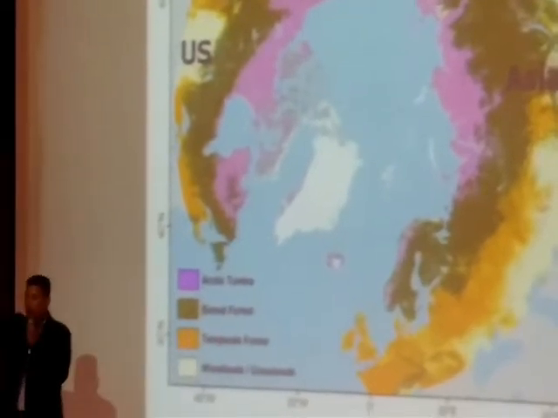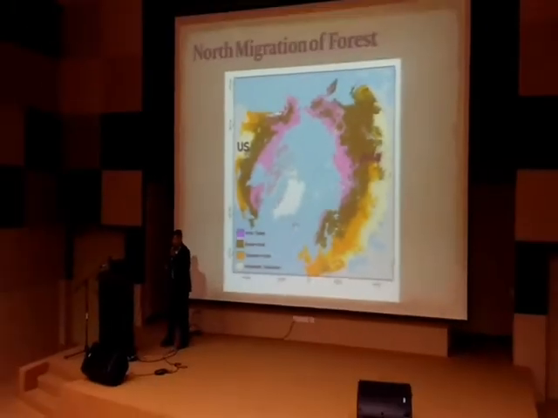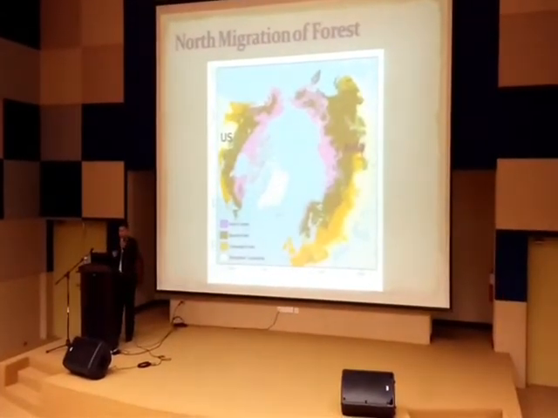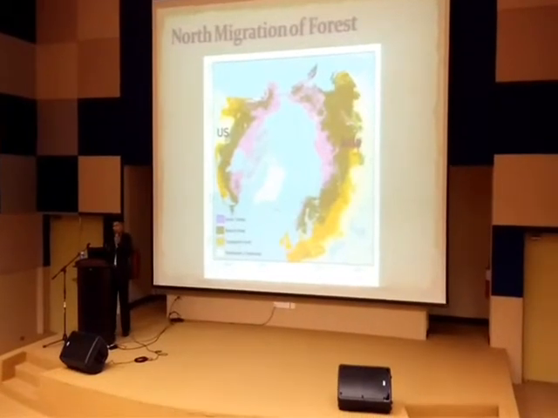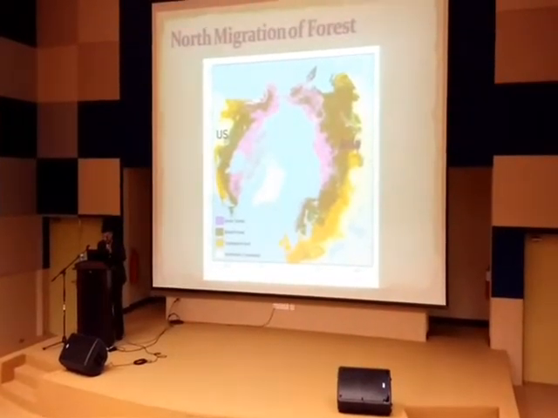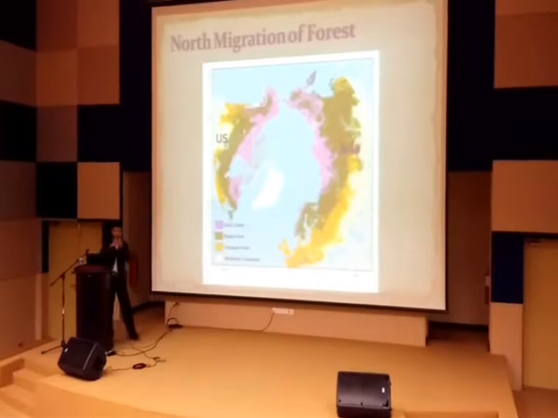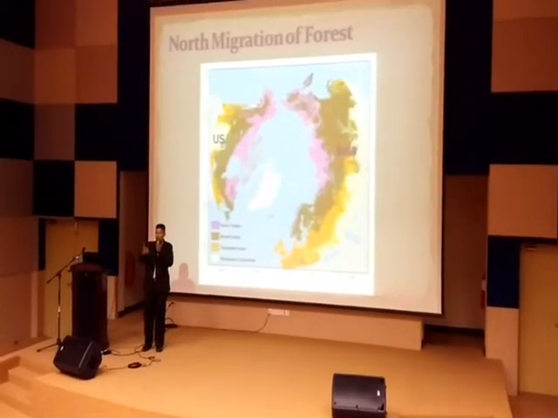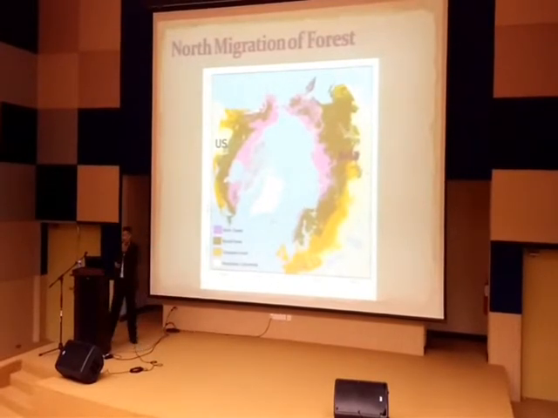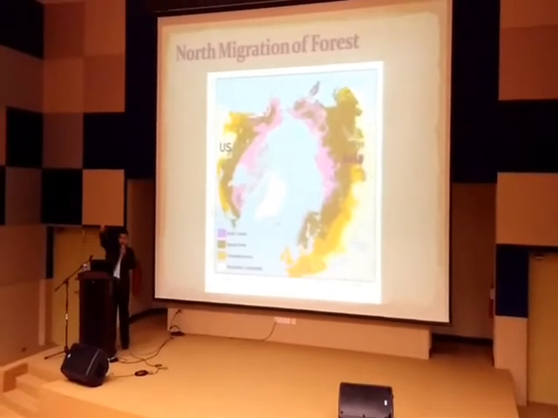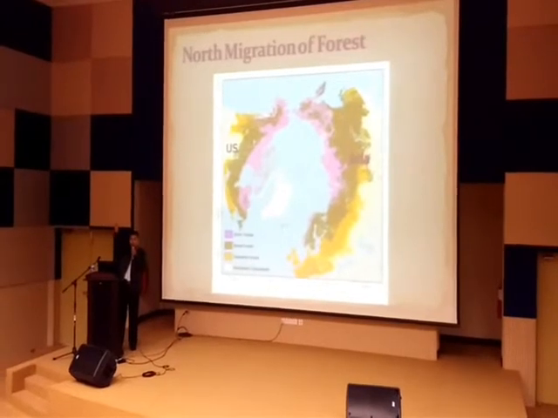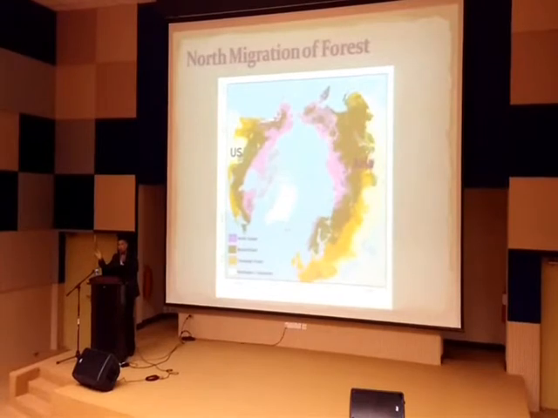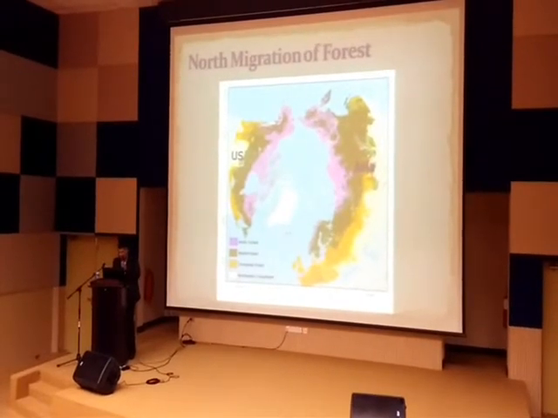Because of no ice cover, the boreal forest moves to the north or polar area. It's also the same with the temperate forest. It keeps coming to the boreal forest area. And this is like two different phenomena. First is during cool, and second is during summer or warm.